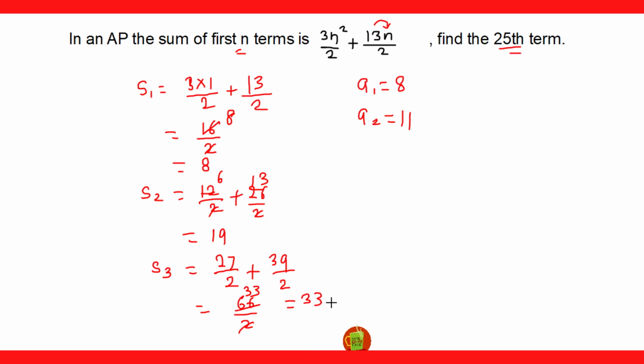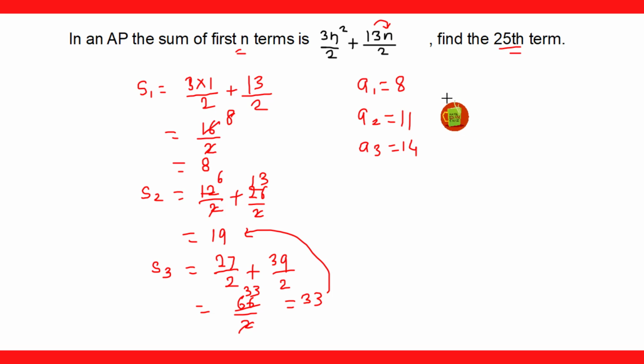So the sum of the first three terms is 33. The sum of the first two terms is 19, and therefore the third term will be 33 minus 19, which is equal to 14. So A3 is equal to 14, and therefore the first term is 8, the second term is 11, the third term is 14.